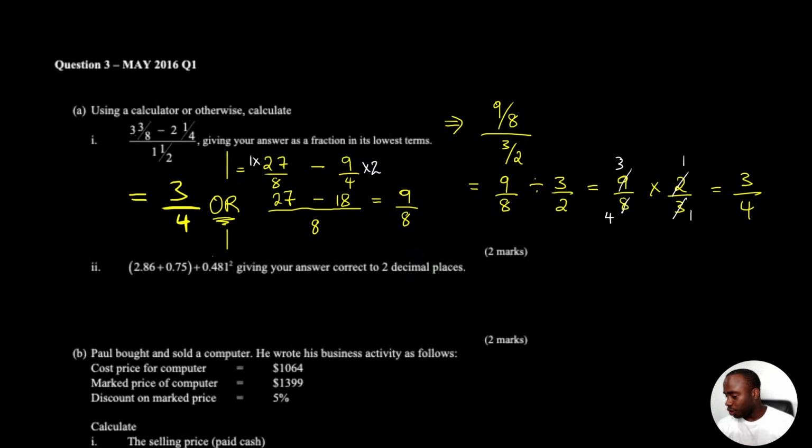If you work it without the brackets, would you be wrong? I think you're talking about with the calculator. Yes, you have to put them in the bracket, because remember the rule of BODMAS would apply. You have to think about what you're doing first. So you're doing what's in the numerator first.